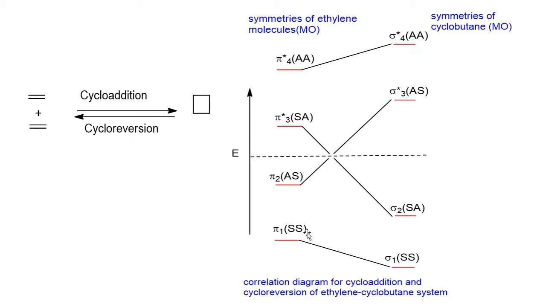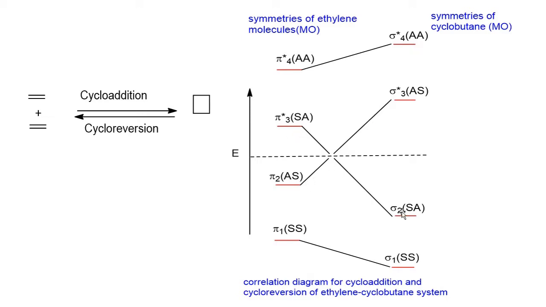First of all, we have to join the molecular orbitals with similar or like symmetries with lines. Then you can see SS are joined by lines. Then AS, here is not an AS, but here is an AS, and molecular orbitals with like symmetry are joined by lines.